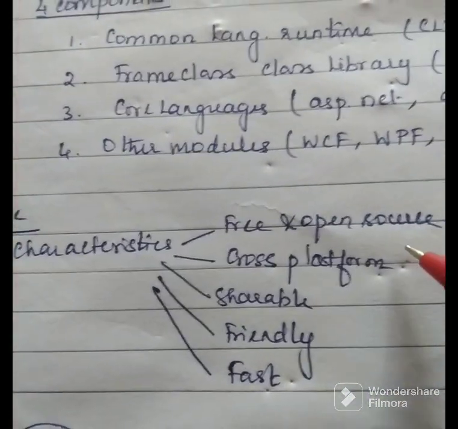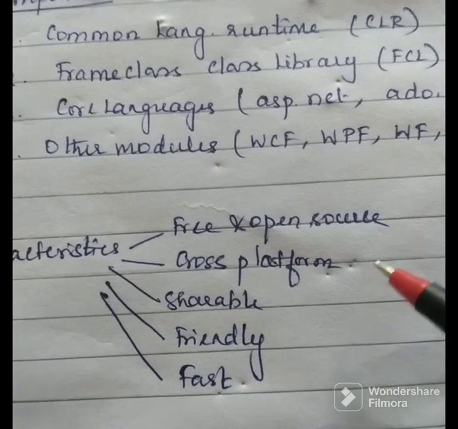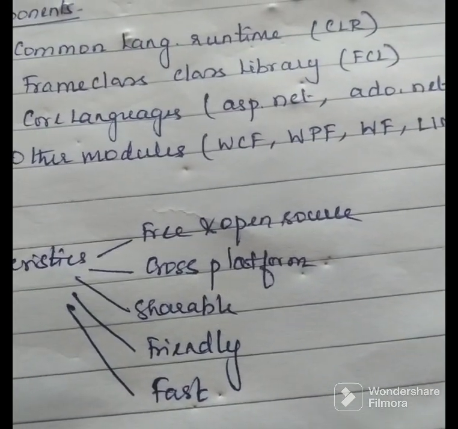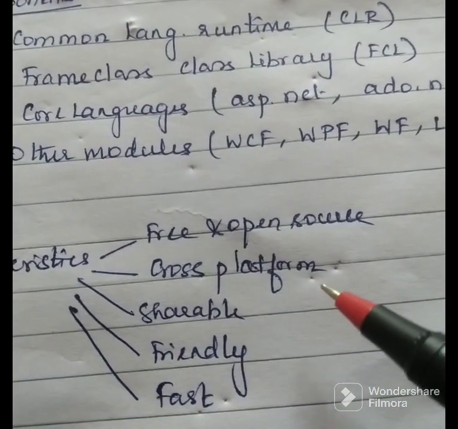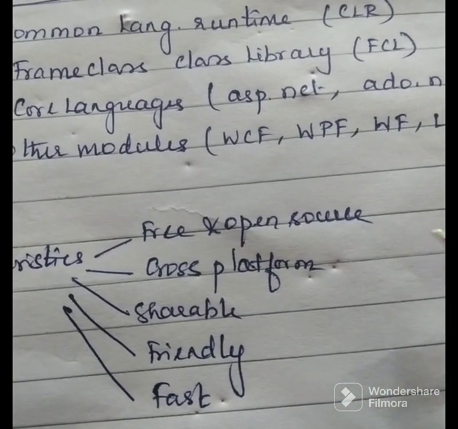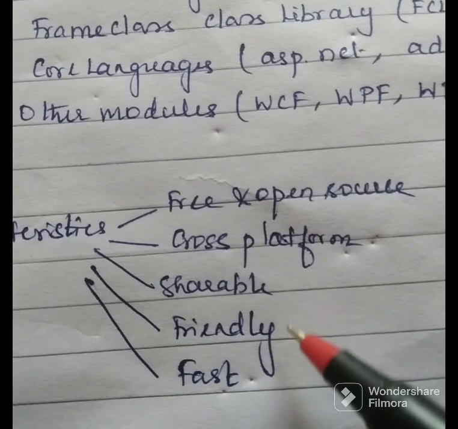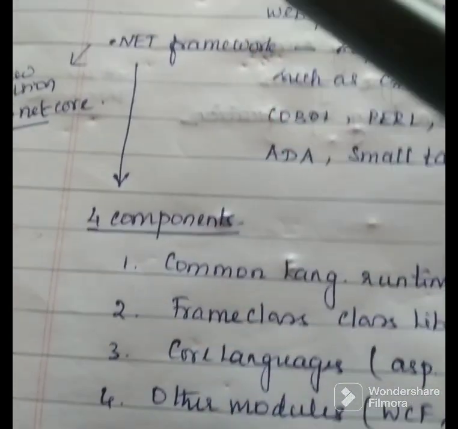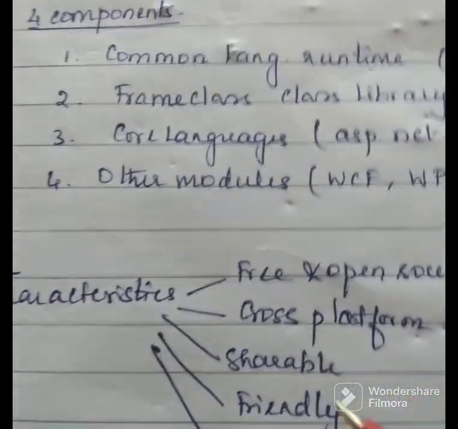Some characteristics of .NET Core are: free and open source, cross-platform, that is, supported by Windows, Mac OS, Linux, etc. It's shareable, friendly and fast when compared to the .NET framework. It is faster.